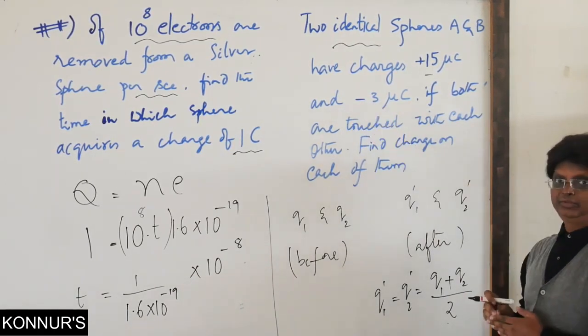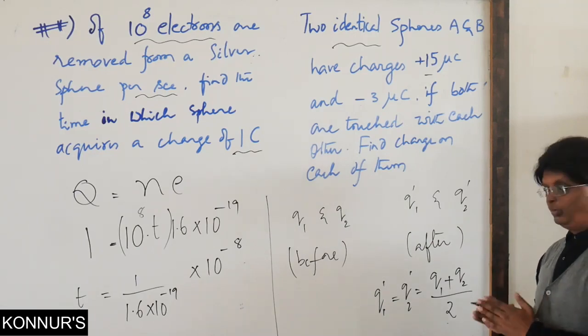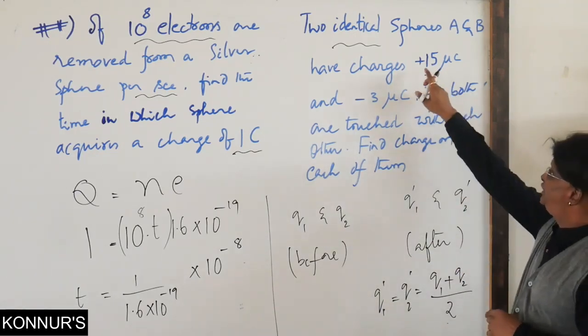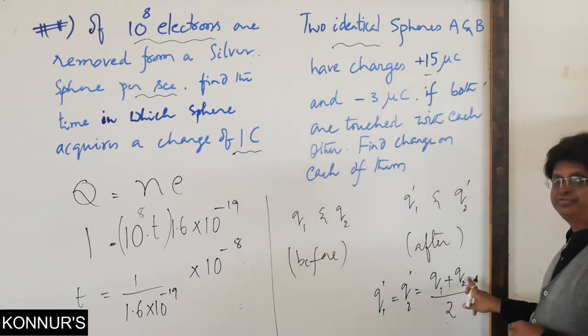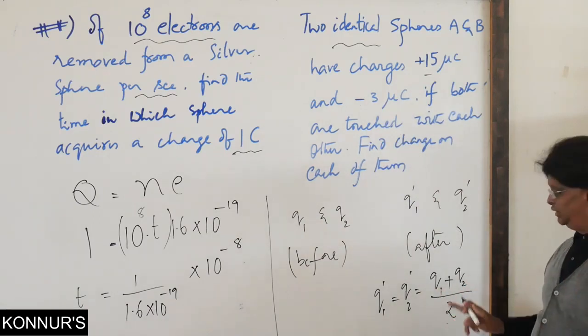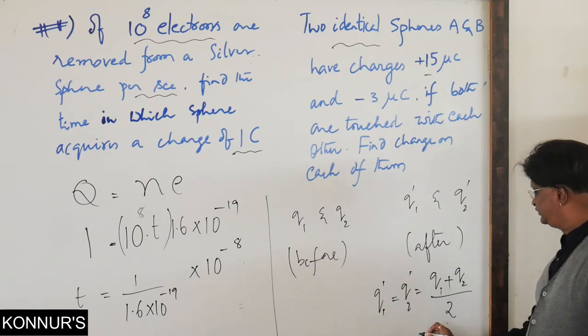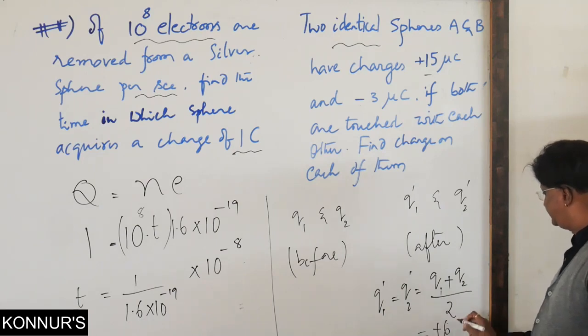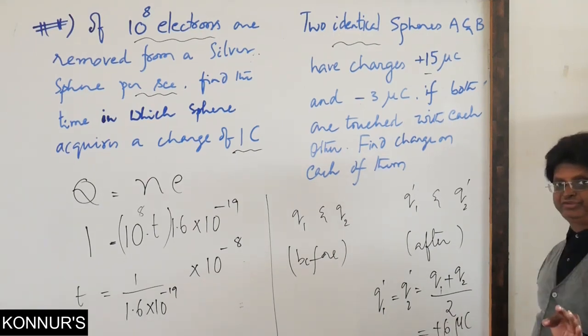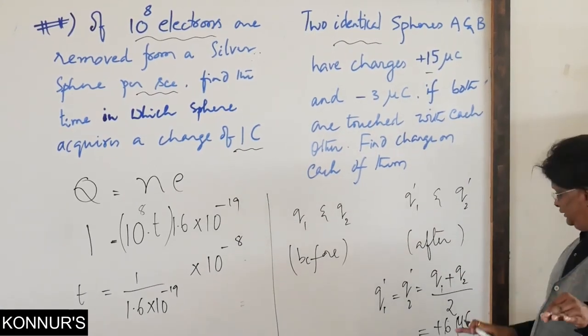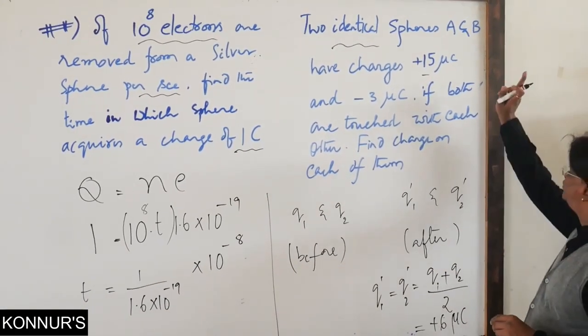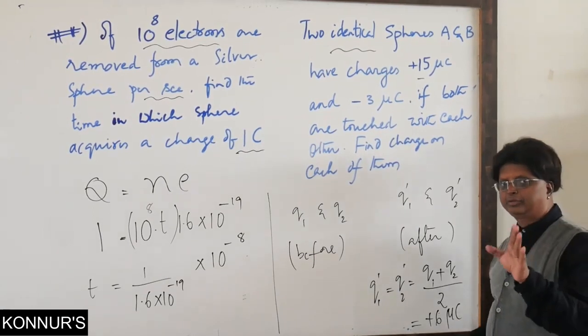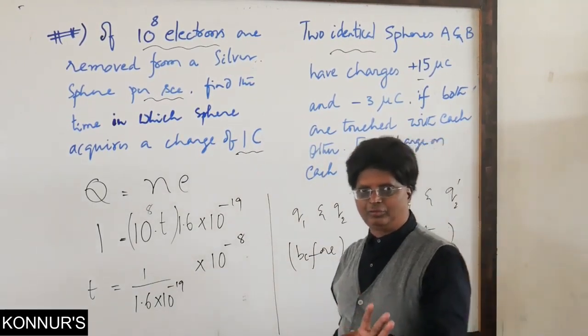Therefore, plus 15 minus 3 becomes plus 12 by 2, which becomes plus 6 microcoulomb each. So the charge on A is plus 6 microcoulomb, and the charge on B is plus 6 microcoulomb. Okay, the answer is okay.